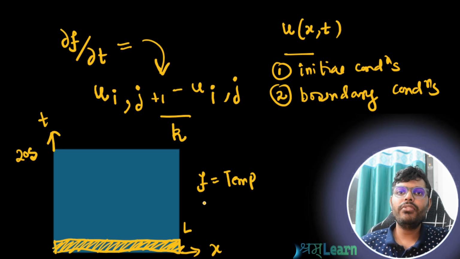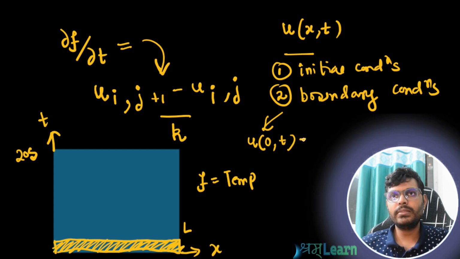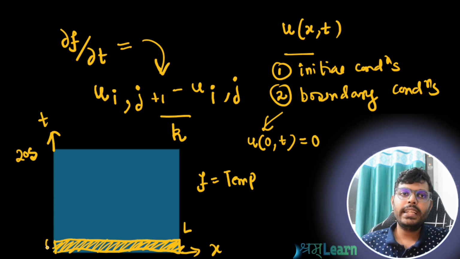So can I know f of L, T0? Yes, these are boundary conditions. So a few conditions are boundary conditions, like u for every time instance at position 0. Let's suppose that is 0. So this end is basically cooled, right?